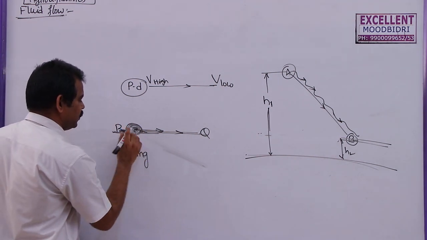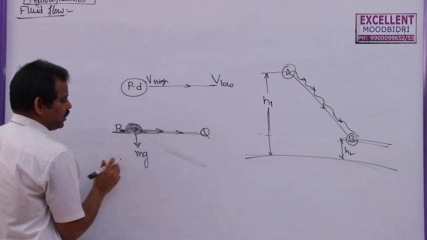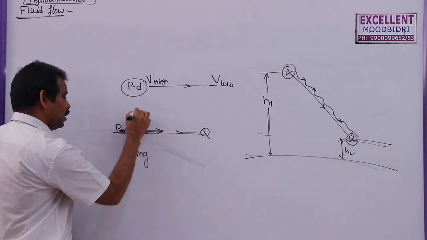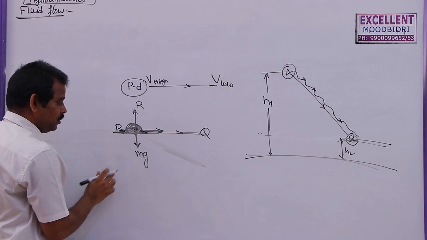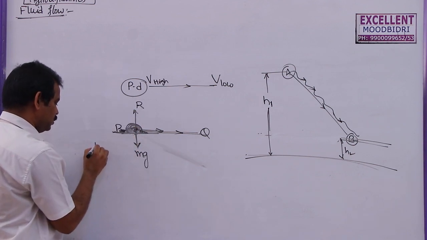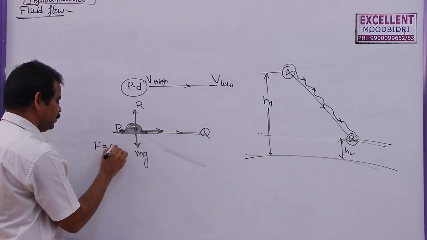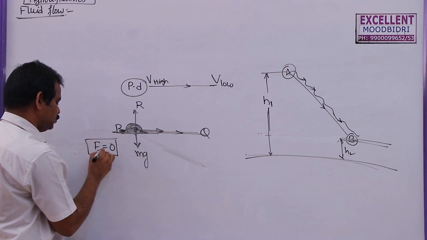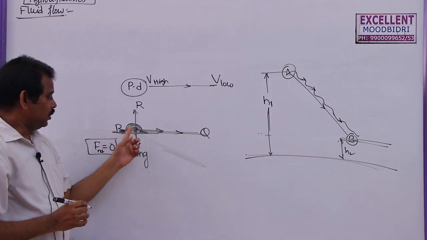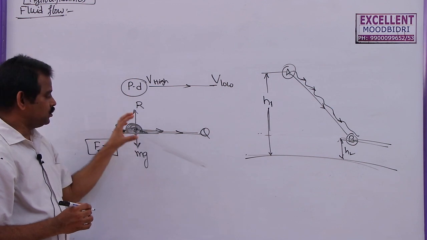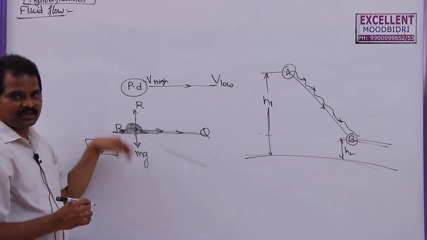This is the surface. The weight is acting, and the surface gives an equal and opposite force called the normal reaction. When these two are equal, the net force on this water drop will be 0. So F net is 0. That's why the water drop neither moves upwards nor downwards, because the net force along the y-axis is 0.